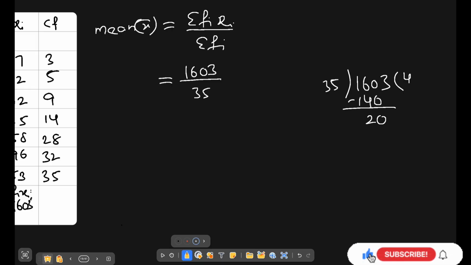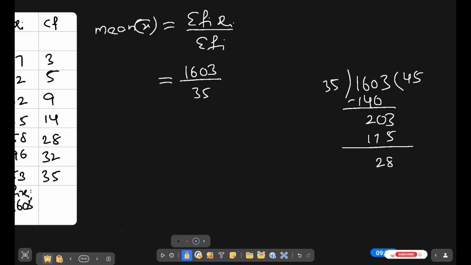So 203. 35 5 times, 5 5 is 25, 5 3 is 15 plus 2, 175. Now what is the remainder here? 28.